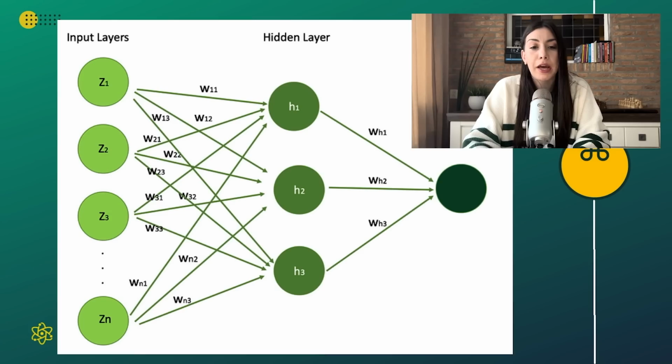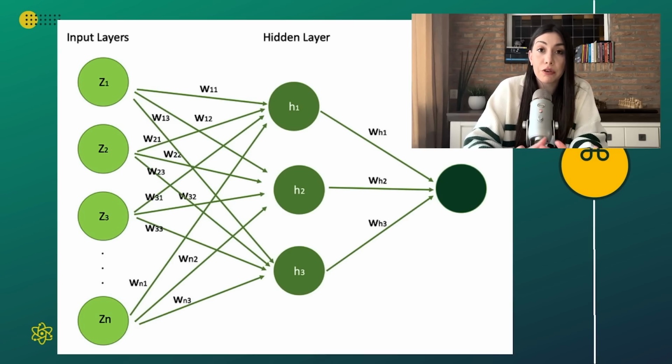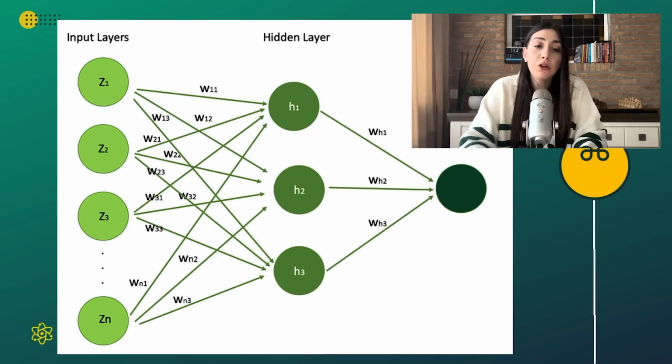And then we have these different weights. As you can see, we have weight 1, weight 2, weight 3, and then we have the corresponding weights for the second input, the corresponding weights for our third feature, so corresponding to the Z3, such as W31, W32, and W33, etc. These weights show an arrow that goes onto the next layer, which is our hidden layer.